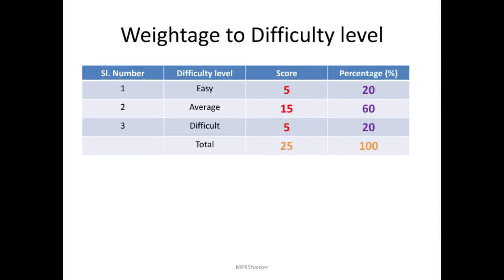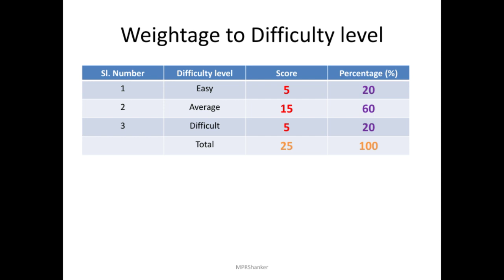Moving on to the next in the design of the test, the next thing we have to consider is the difficulty level. An achievement test should neither be too easy nor too difficult, so it is very important that we make a balanced achievement test. In the weightage of difficulty level table, the first column is the serial number, and the second column gives the difficulty level.